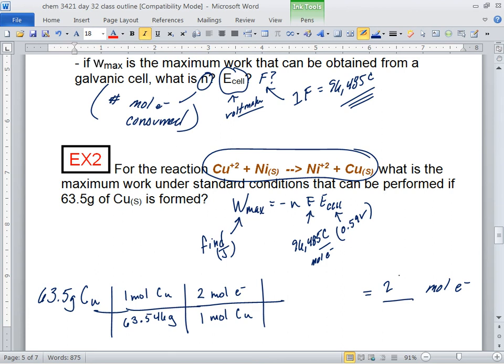Oh, yeah, I didn't even notice that. They're going to pretty much cancel out, aren't they? Yeah, pretty much get 2. All right, and then you put in the 2 up here, and you get, what is the final answer? Negative 1.14 times 10 to the 5th joules.